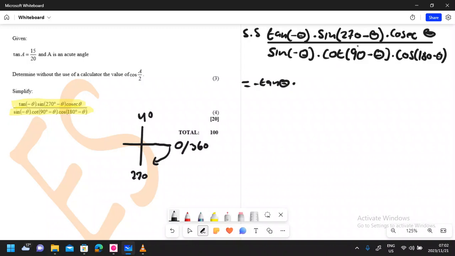But then, what quadrant is this? 270 minus theta is going to be the third quadrant. Sine is not positive there, so it's going to be negative. And the co-ratio of sine is cos.